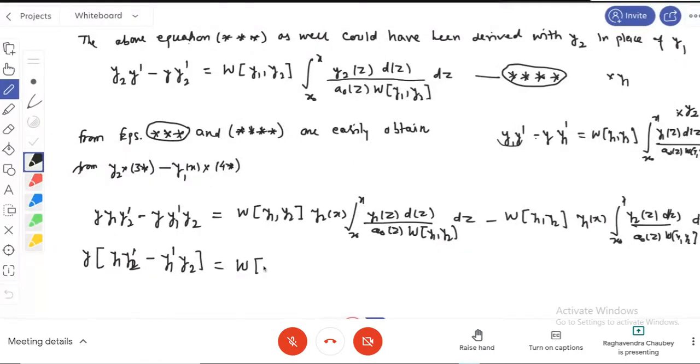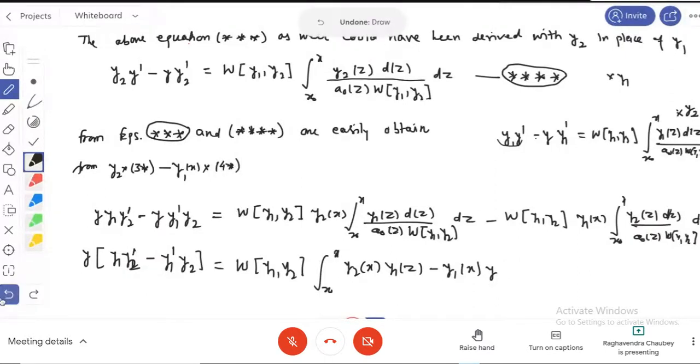That equals, if we take y1, y2 common and rearrange this term, this becomes x naught to x, so y2x y1z dz, and dz is common, so this minus y1x y2z. You can write it in the same manner: y2z y1x, and this is multiplied by dz.